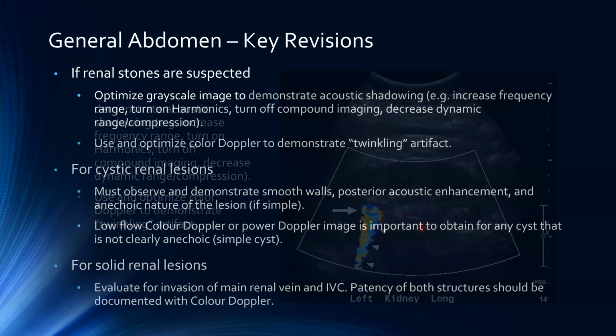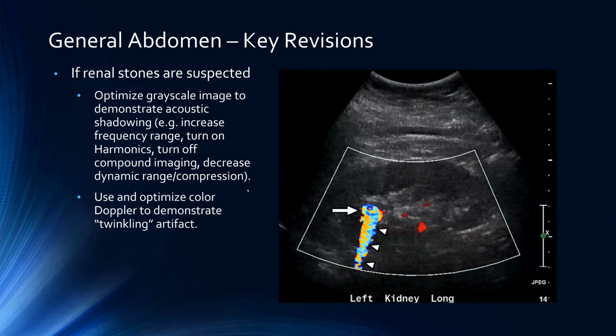The other thing that I will say with regards to stones is that very frequently, I think grayscale overestimates the size of stones, particularly if we're measuring the bright reflected echoes, as we commonly do.